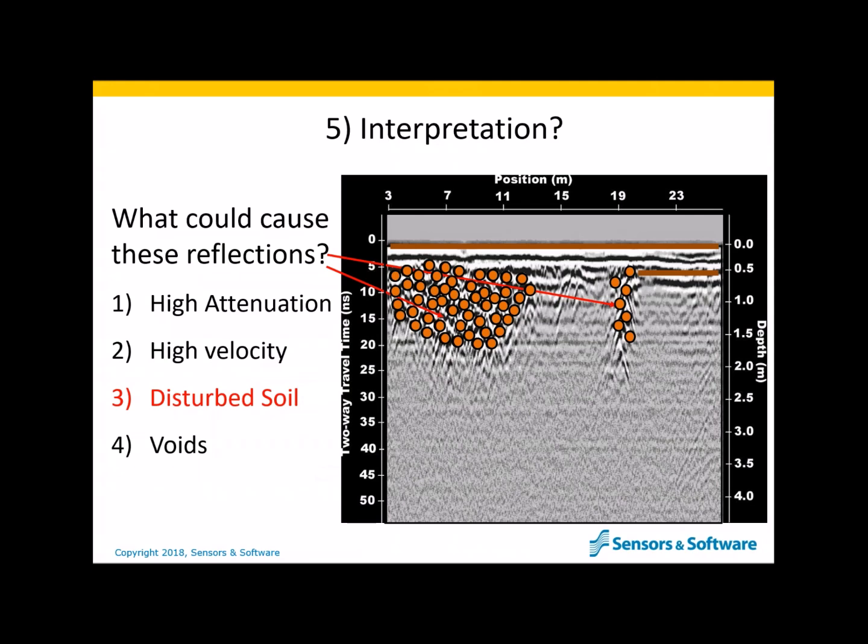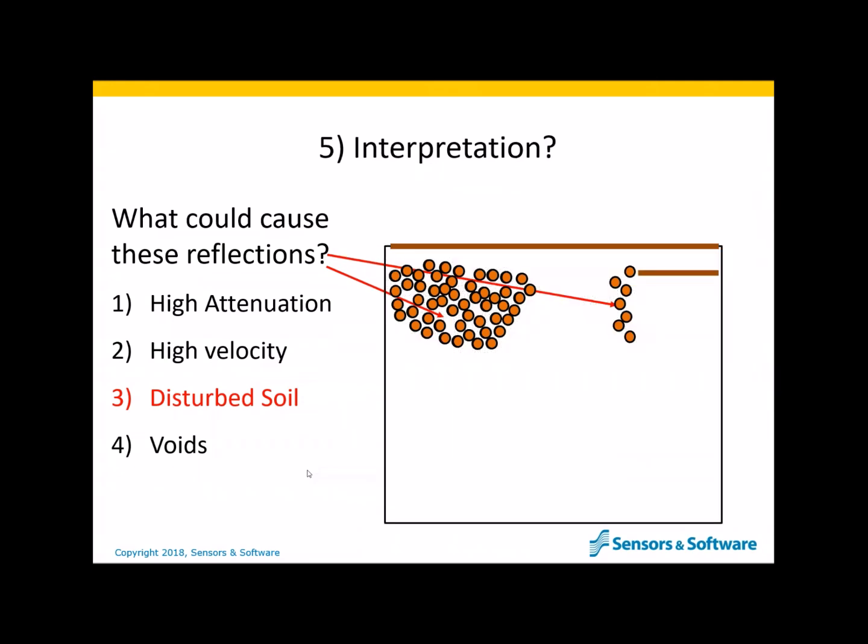You end up with a sketch that looks like this. Now, if I remove the GPR section from it, you get a sketch that looks like this. And hopefully that leads you to say, well, yeah, okay, this looks like some sort of trench or ditch or something that's been filled in with materials like rocks or something.